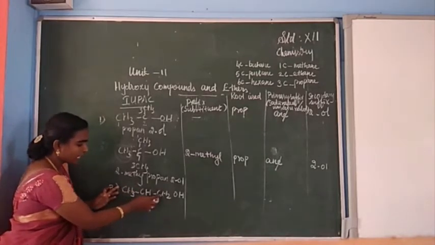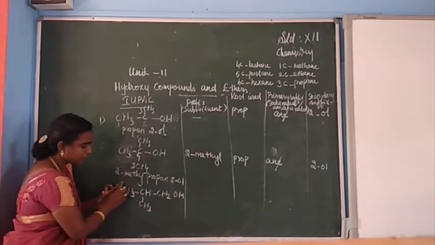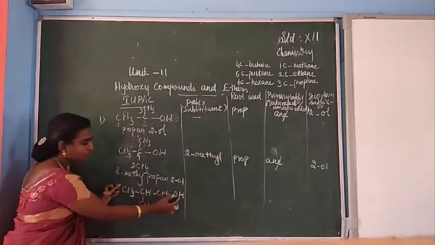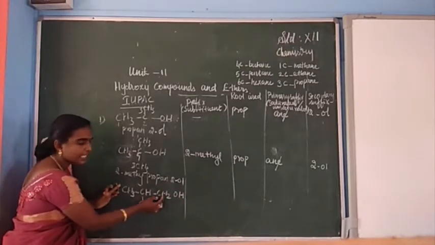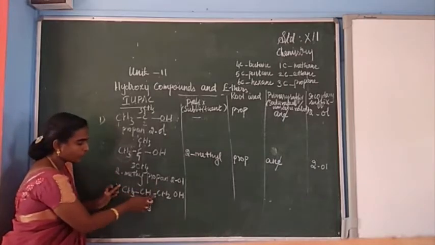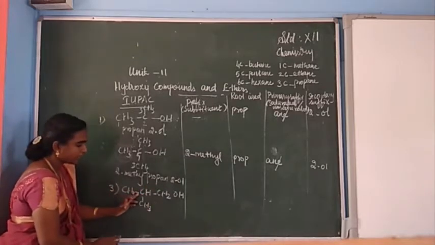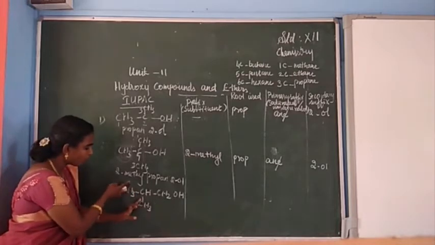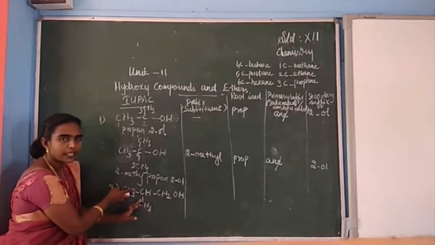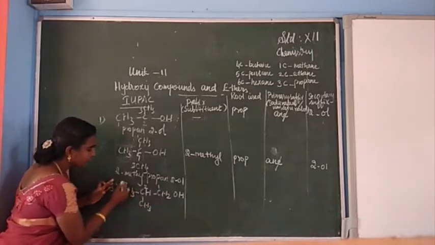So if you select from this end, 1, 2, 3, only 3 carbons. It is not possible to select from here to here because of the functional group. The carbon bearing the functional group should get the least number according to the IUPAC rule. So this way it is not possible. Then one more way, 1, 2, 3. Anyhow, one of these carbon atoms will not be in the numbering. We can select such a way, 1, 2, 3.